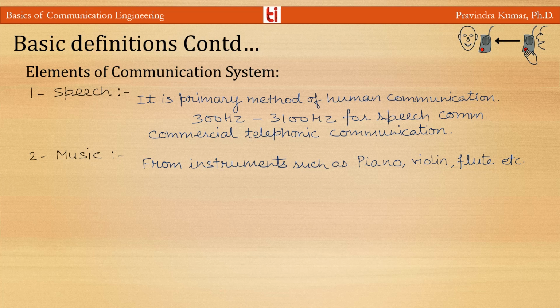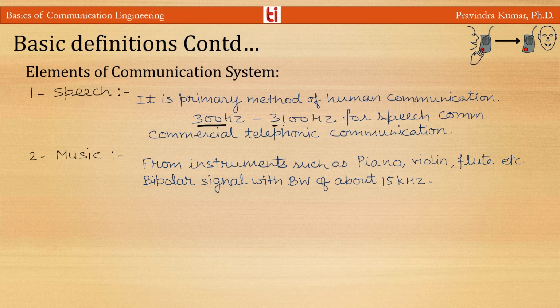So the channel bandwidth required for the transmission of a music signal is much larger than that required for a speech signal, because in a speech signal you require only 300 to 3100 hertz, but the bandwidth for music is 15 kilohertz.